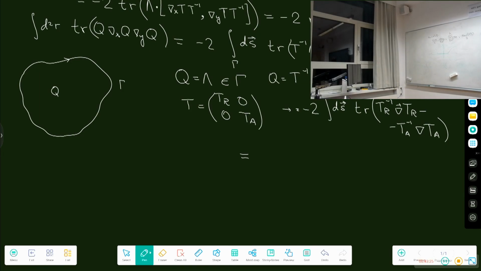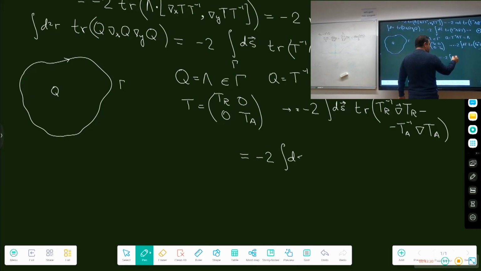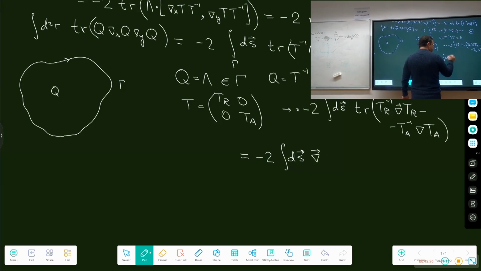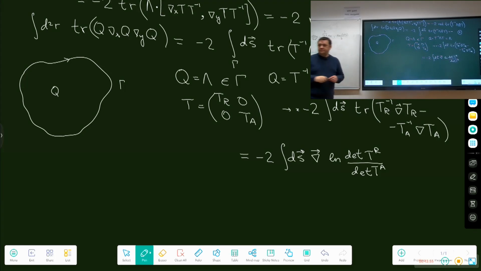So what is written here is minus 2 integral along the boundary of the gradient of the logarithm of determinant T retarded divided by determinant T advanced.